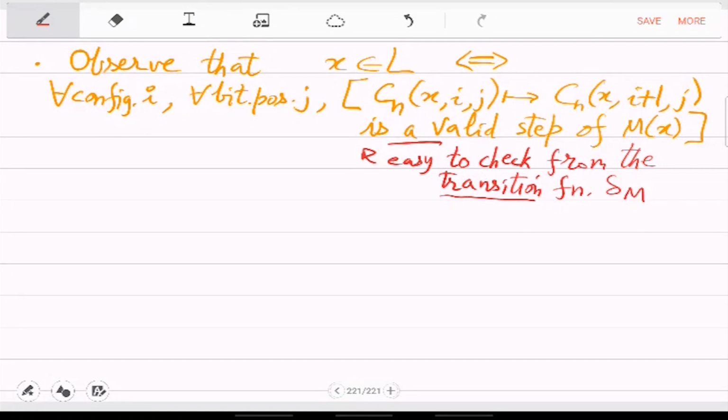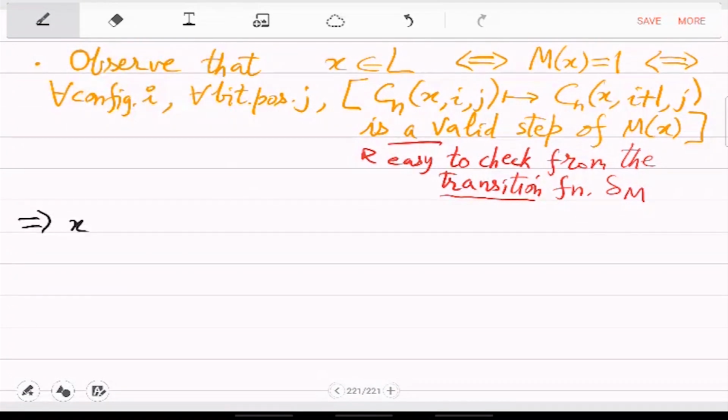We have broken the computation into steps and we have applied for all operators. So then M must be accepting x. So x is in L if and only if M of x is 1, if and only if this happens. Now all you have to do is, the circuit you don't know, so that we can say using existential quantifier.